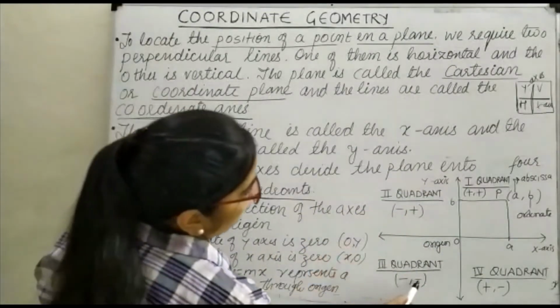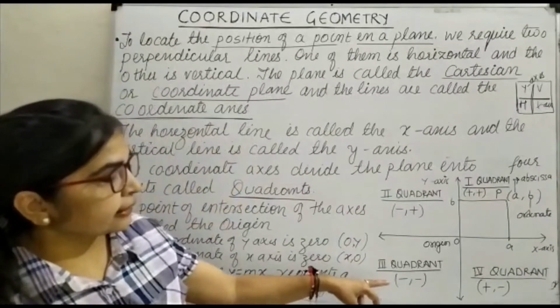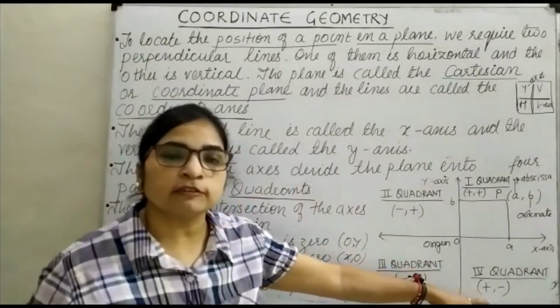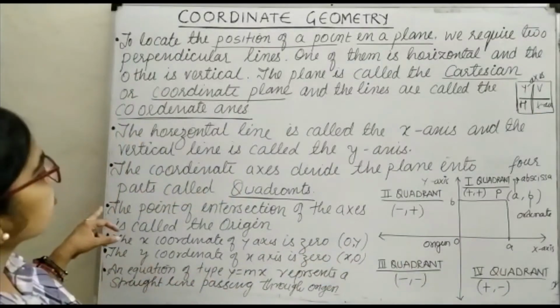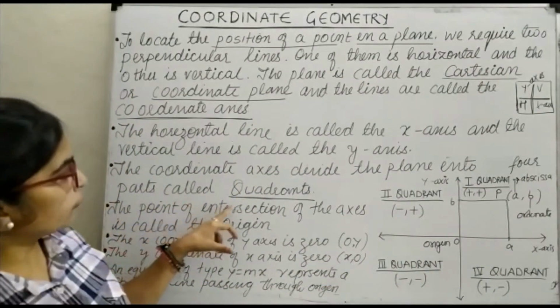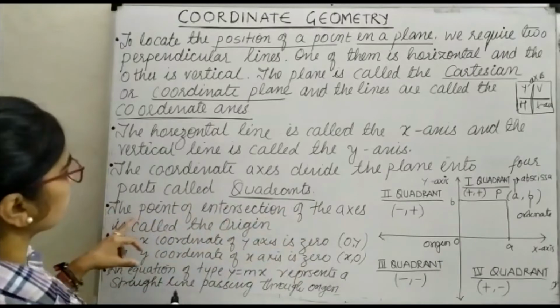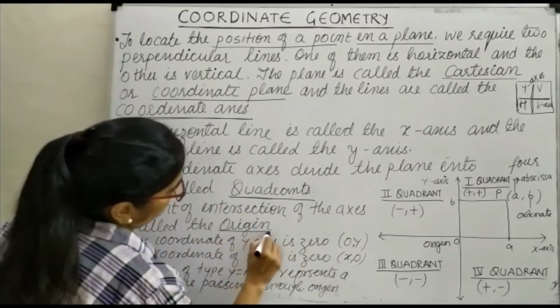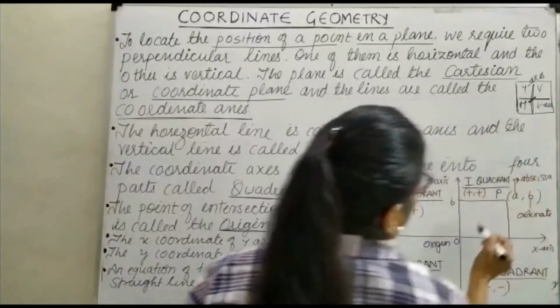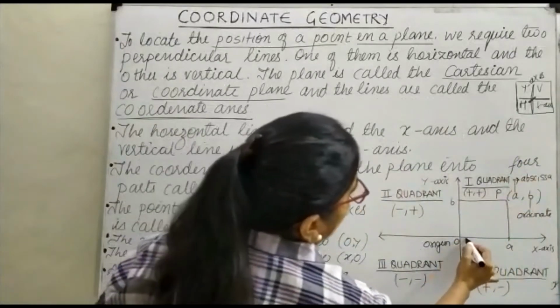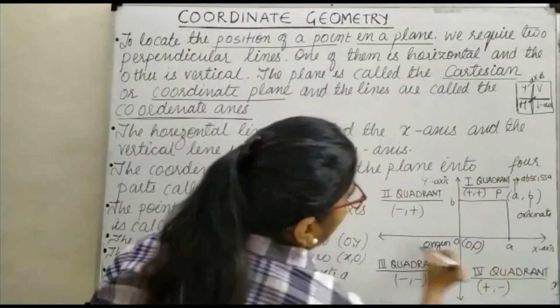In the third, both coordinates are negative, and in the fourth, x is positive and y is negative. Next, the point of intersection of the axes is called the origin, denoted by (0, 0).